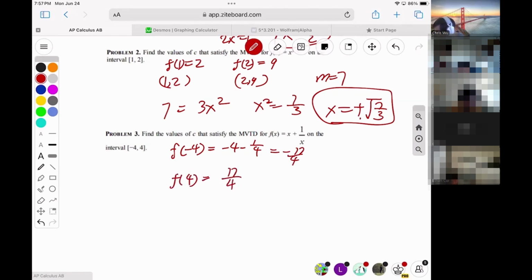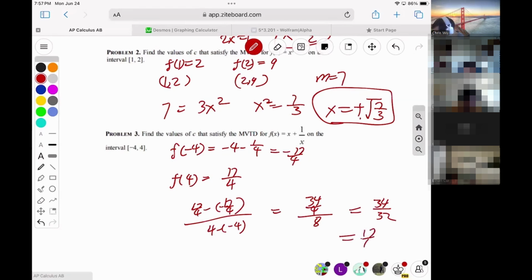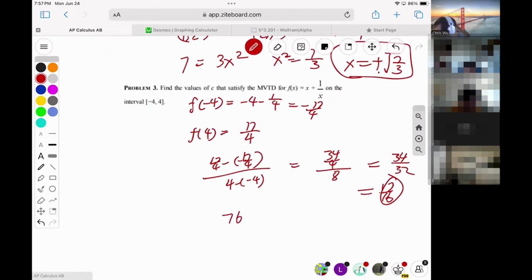And so we have 17 over 4 minus -17 over 4, and the distance between them is 4 minus -4, so we get 34 over 4 divided by 8. So 34 divided by 32, that's still 17 over 16. Okay, that's my slope.